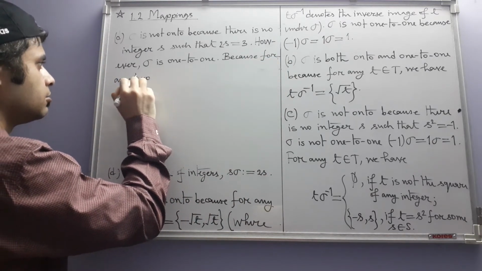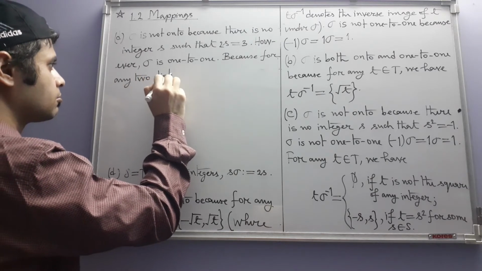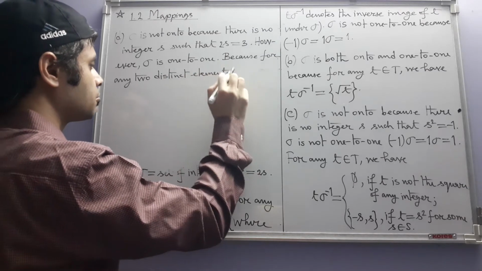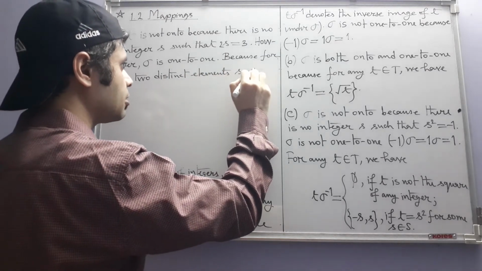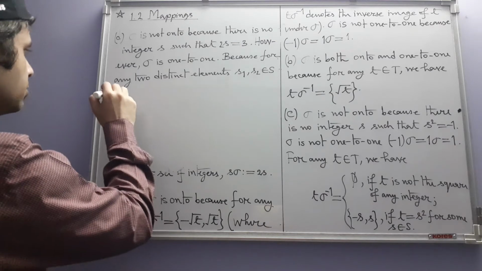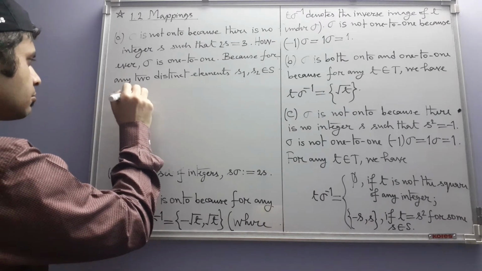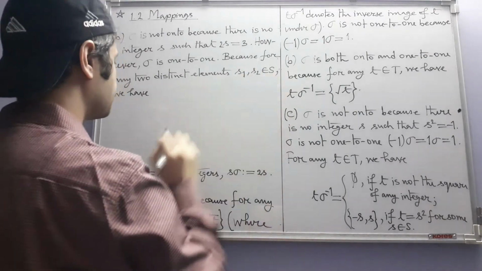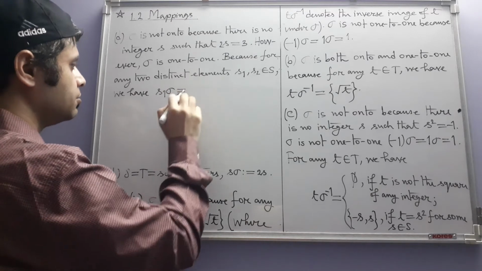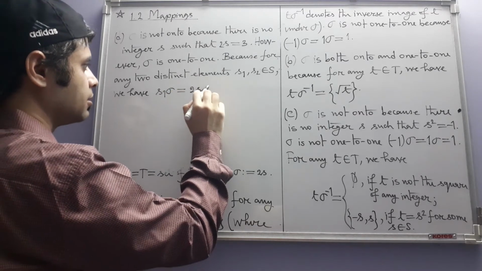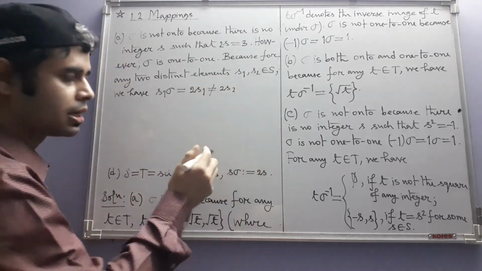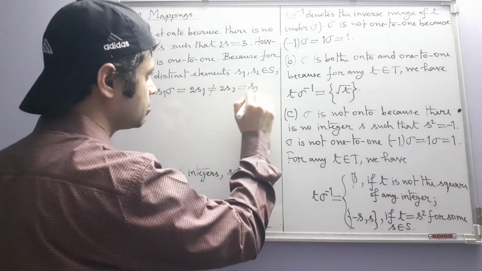Because for any two distinct elements s1 and s2 belonging to S, that means any two distinct integers, we have s1 sigma, which is equal to 2s1, is not equal to 2s2, which is s2 sigma.